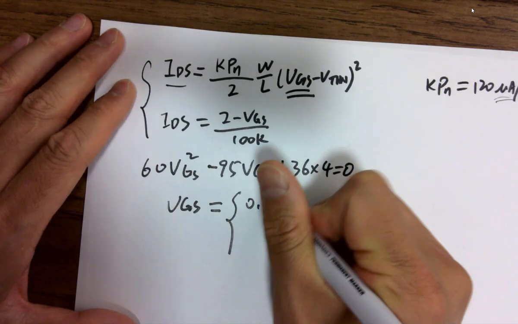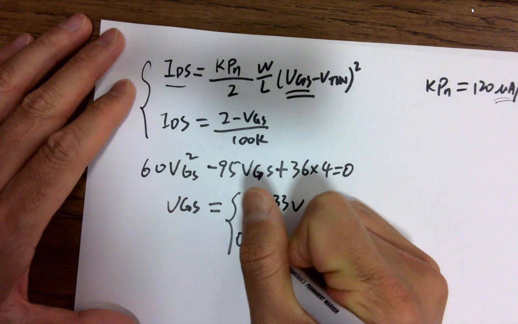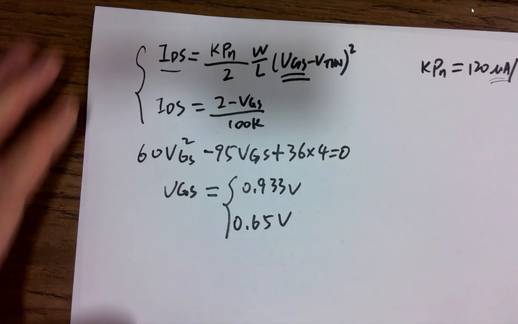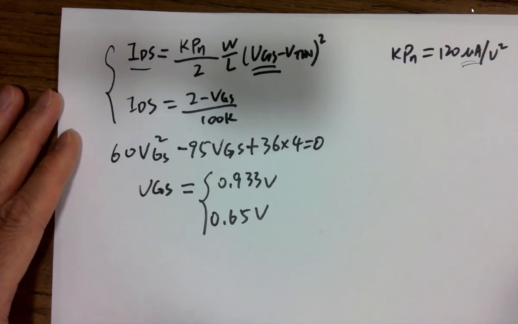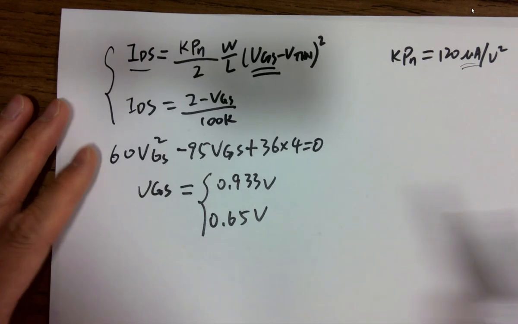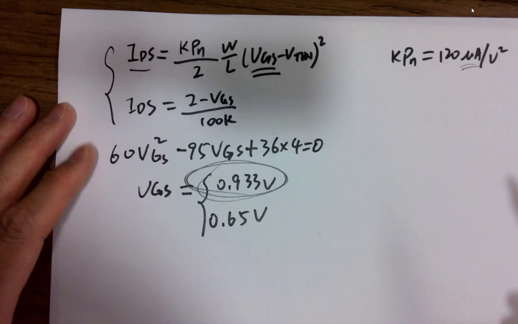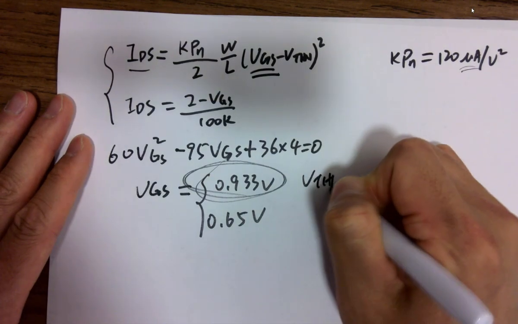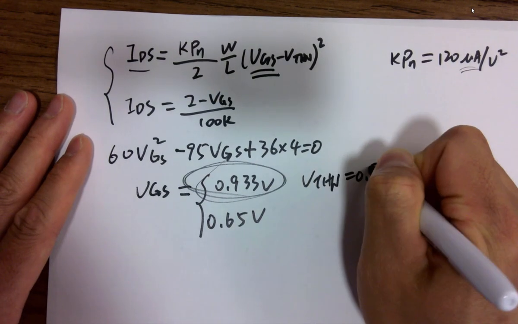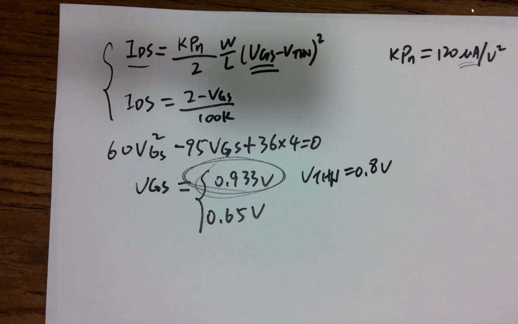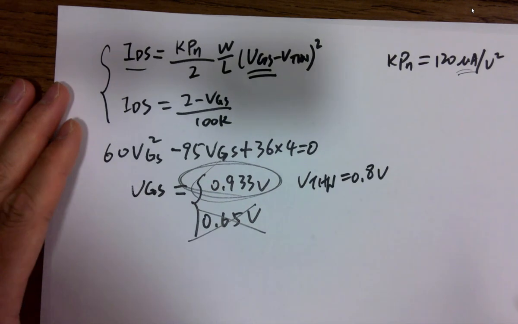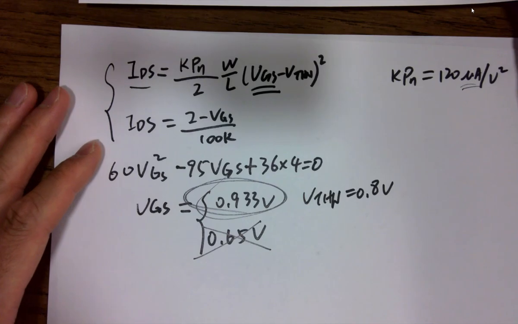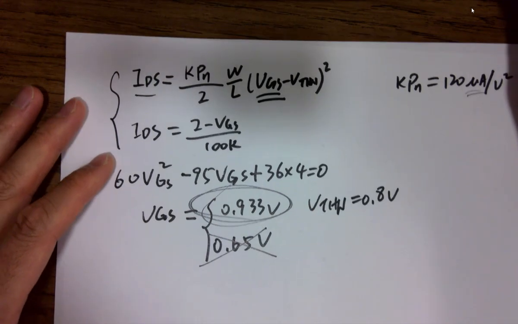One is 0.933 volts, another one is 0.65 volts. It has to be the 0.933, because this one will keep the transistor on. The threshold voltage is 0.8 volts. So we pick this one and drop the other, and the transistor will be able to turn on.